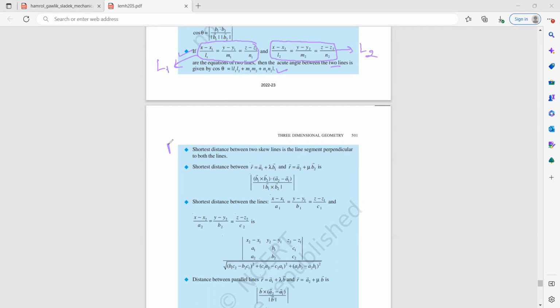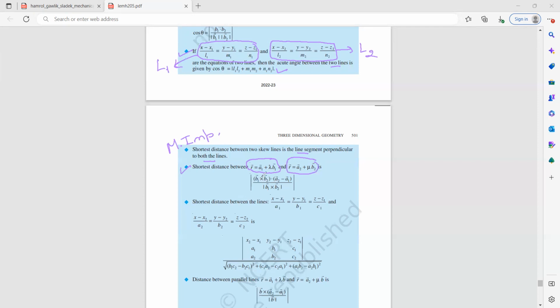This is the most important when you need to find the shortest distance between two skew lines, and this is defined as the line segment perpendicular to both the lines. For finding the shortest distance, you will be given two equations like r = a1 + lambda b1, r = a2 + mu b2.